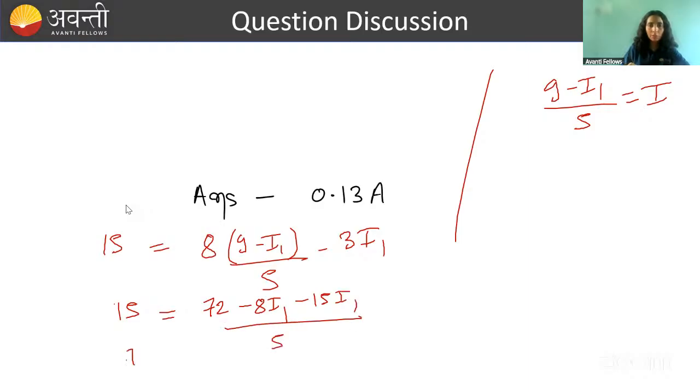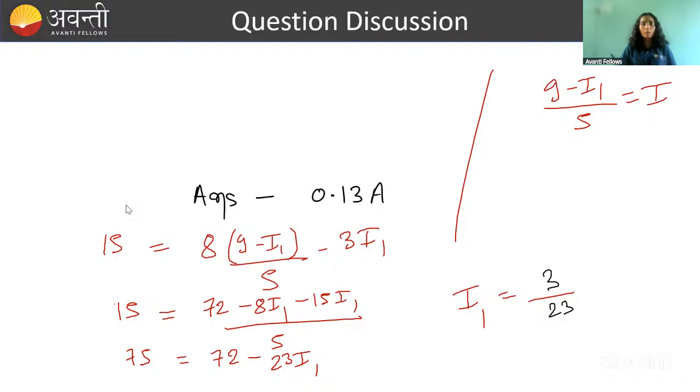Take the 5 to this side, this will become 75, and this is 72 minus 15, and 8, how much will it become? 23I1, and this is, no, not 23 by, I1 is equal to how much? 3 by 23. Okay? 3 by 23. Now this is equal to how much? Tell me, Kiran. 42 by 23, how?